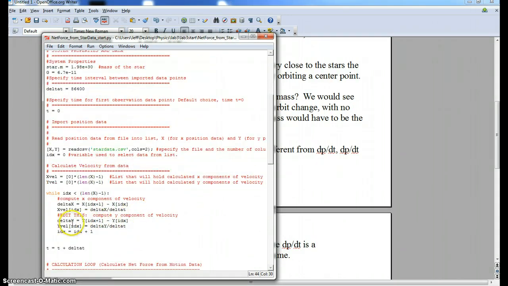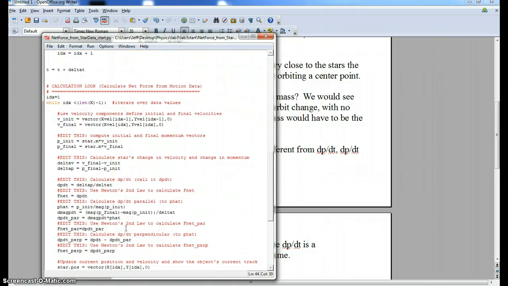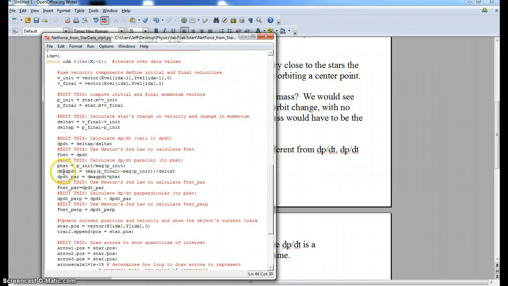We had to figure out what delta y was in our y velocity. And coming down here, we had to change several of our equations for p hat, magnitude of dp dt, the parallel, perpendicular, and the F net.